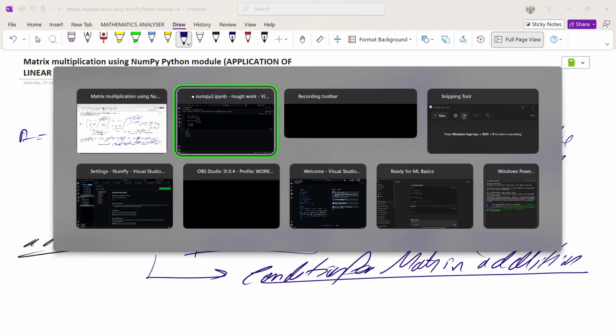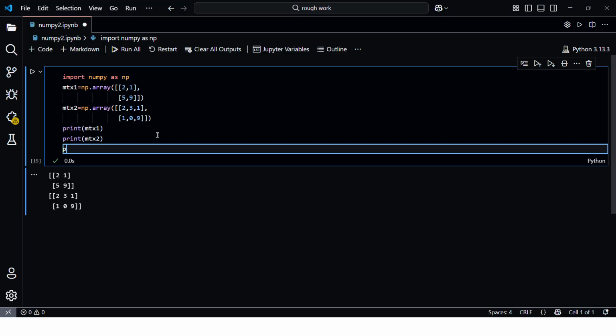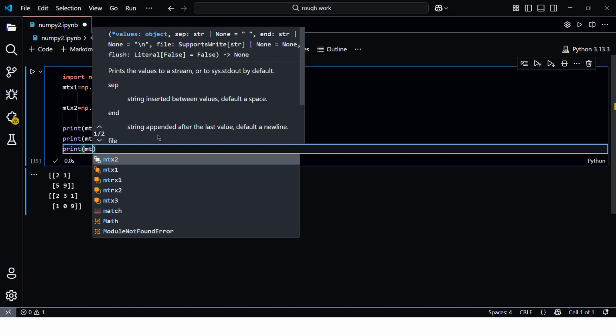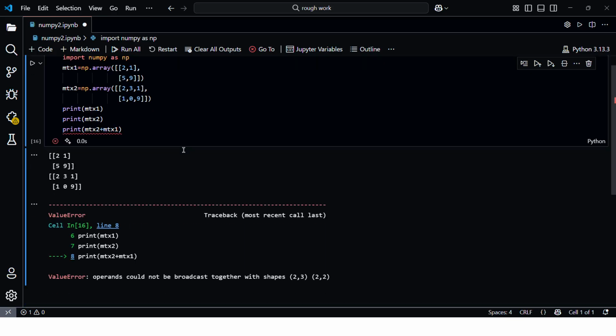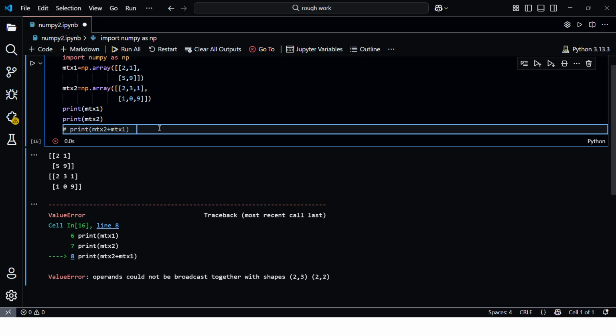So this must print an error. Matrix 2 plus matrix 1, and here it is, it's giving an error. Matrix 1 plus matrix 2 is not possible, since their order is not the same.